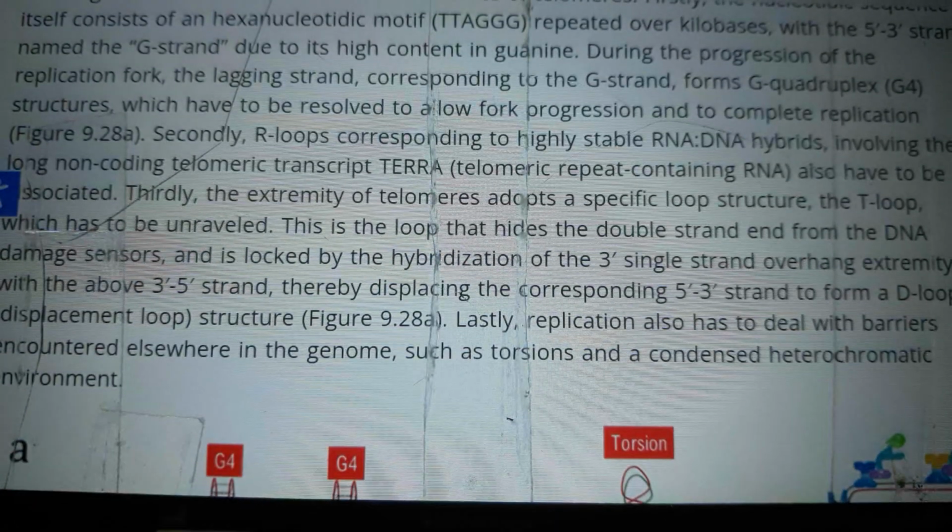During the progression of the replication fork, the lagging strand corresponding to the G strand forms G-quadruplex, G4, structures, which have to be resolved to allow fork progression and to complete replication.